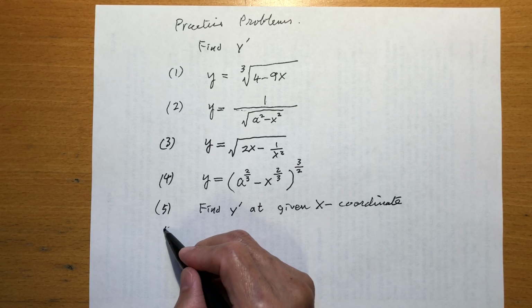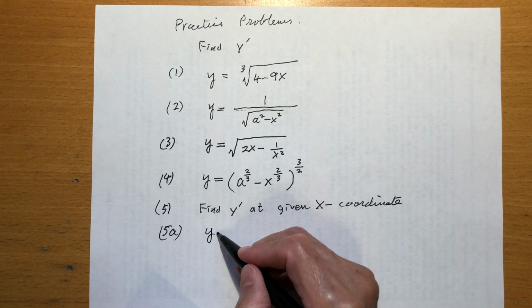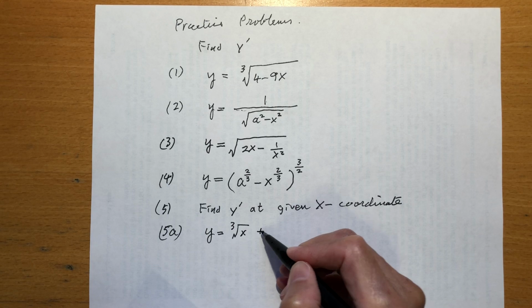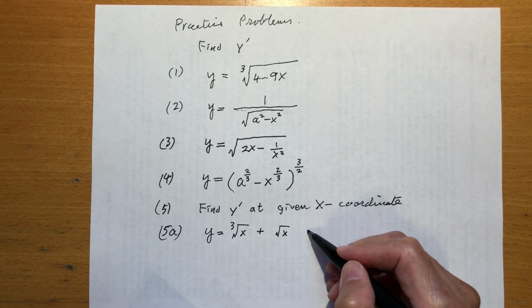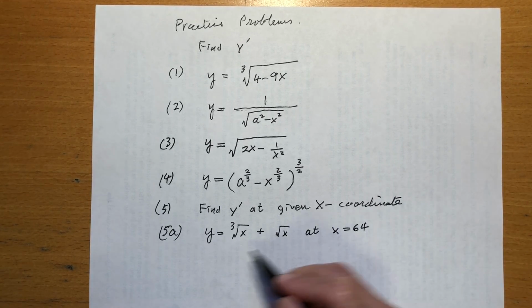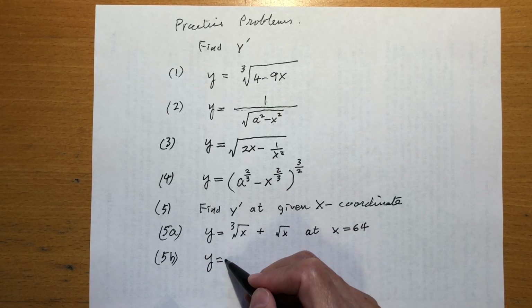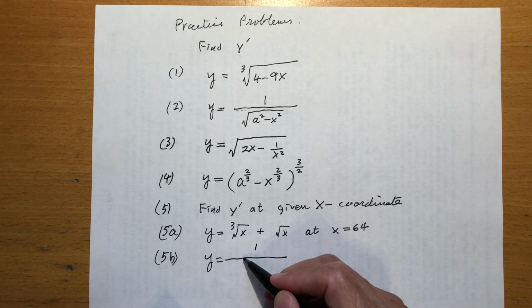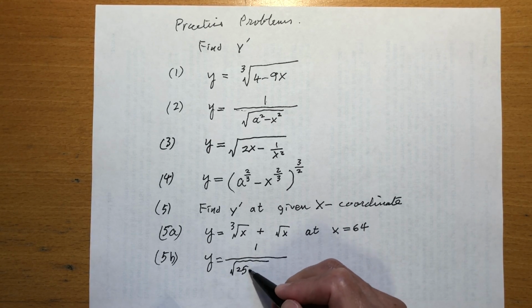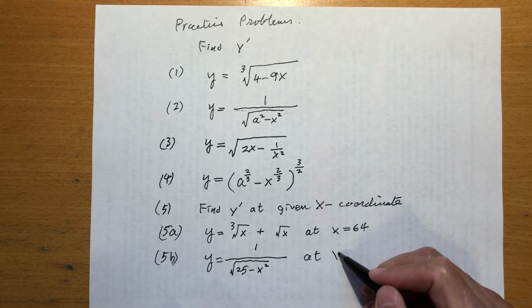Okay, so 5a is the function y equals cube root x plus square root x at x equals 64. And then 5b is y equals 1 over square root of 25 minus x squared at x equals 3.